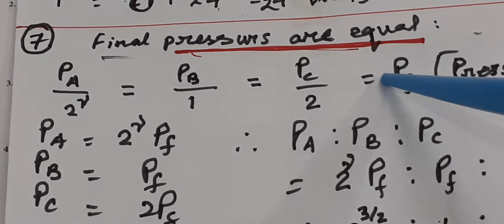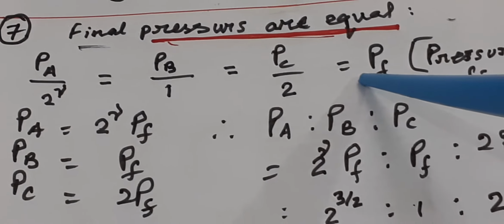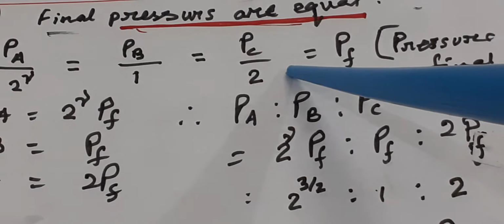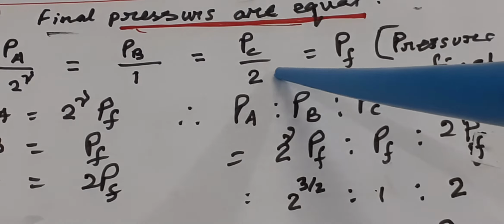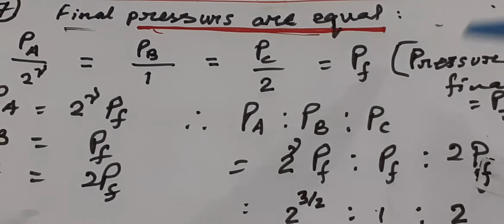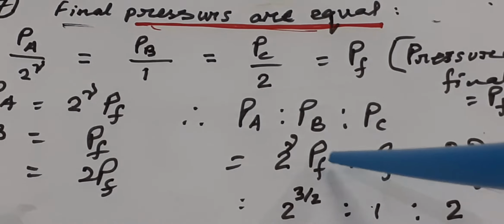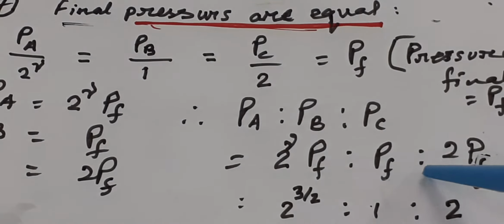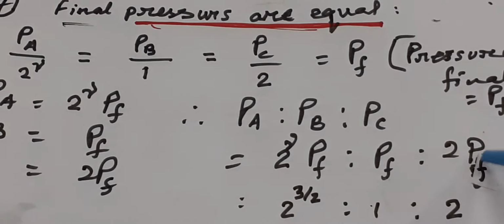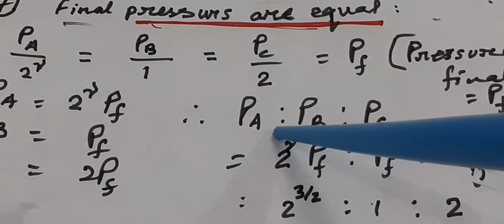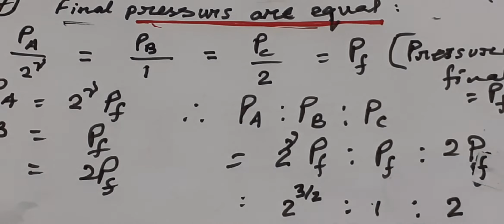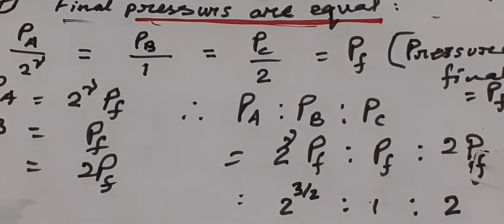Take their ratios: 2 to the power gamma PF is to PF is to 2 PF. PF is removed from all, and you will get this expression as the answer.